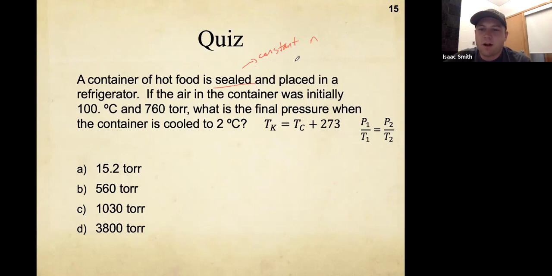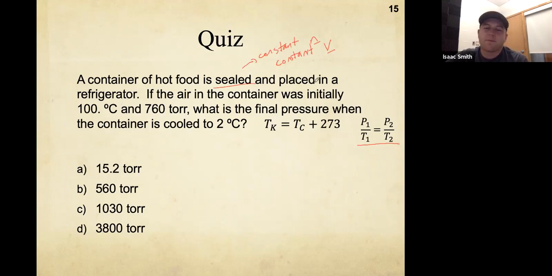Okay, in order to do this problem using Gay-Lussac's law, we also need to assume there's a constant volume as well. Although this doesn't tell us that, if the problem's only giving you pressure and temperature, you're just going to assume it's constant, because if they don't tell you how it changes, then there's no way to solve it if it wasn't constant.